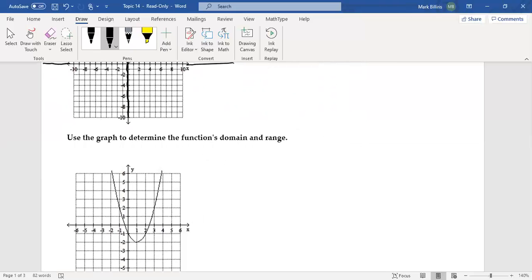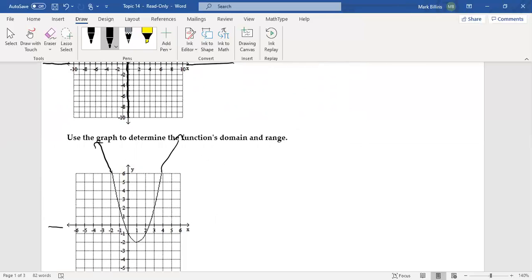Let's do one more. The domain would be all of the x values that were used to graph this function. Keep in mind this graph continues indefinitely up and at a slight angle in both directions.